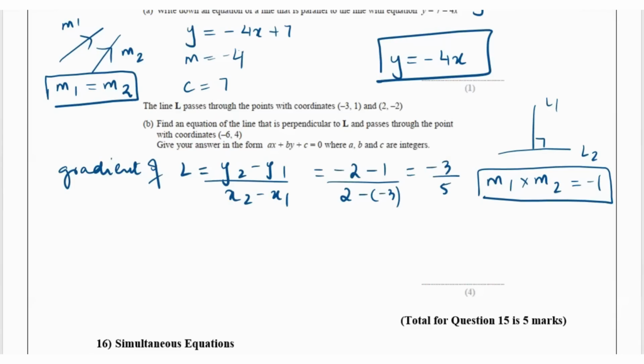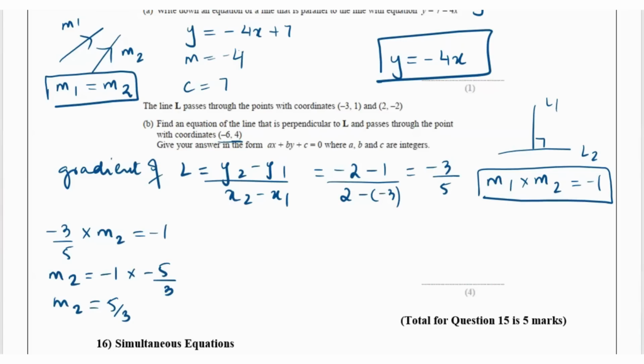So if m1 is negative 3 over 5, m1 times m2 is negative 1. m2 is going to be negative 1 times negative 5 over 3, which is positive 5 over 3. We have the gradient for the line that is perpendicular to L. It's passing through negative 6, 4. So either you can use the slope-intercept form or the point-slope form to find the equation.